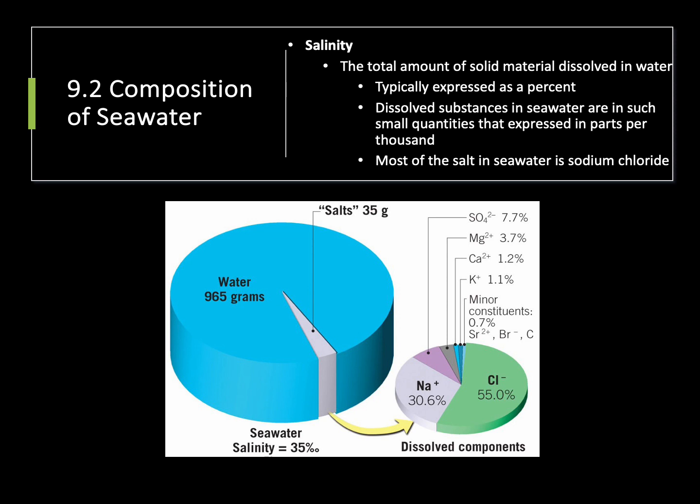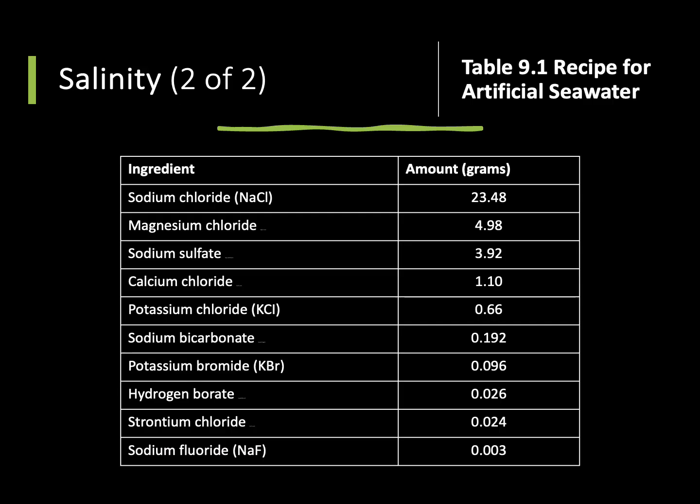But when we look at all the different types of salts inside of our seawater, the most common one is sodium chloride, the same thing that makes up halite, the mineral, and our table salt. But when we actually look at all of the different types of salts that are dissolved inside of our water, sodium chloride is not the only one. Again, it's the most common and abundant salt, but it is not the only salt.